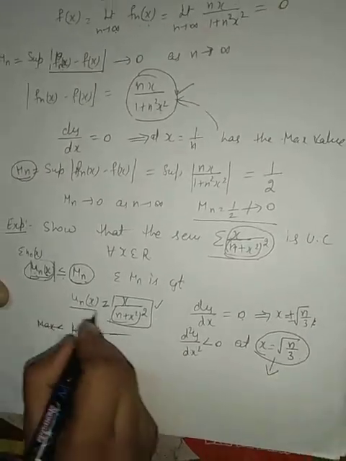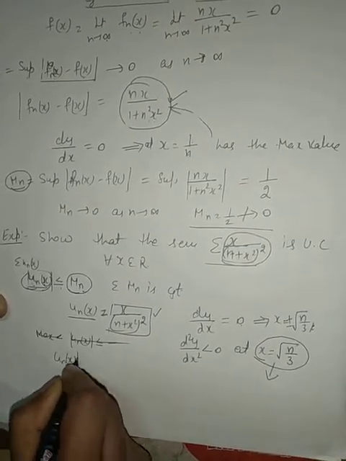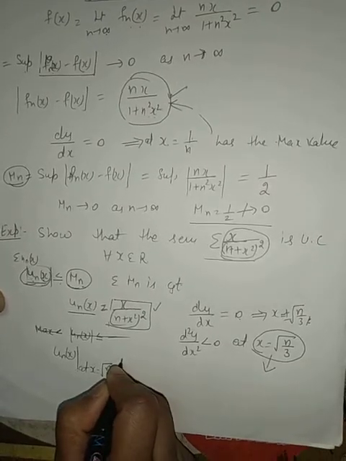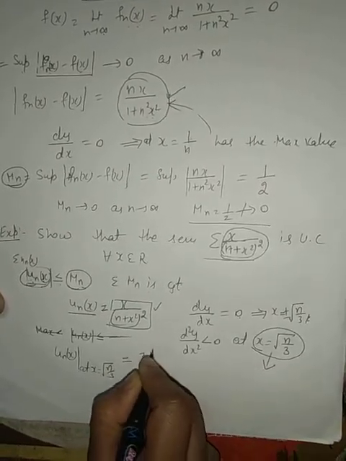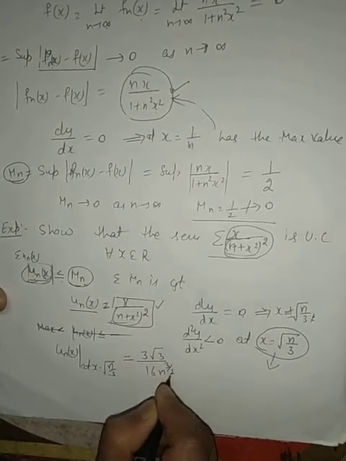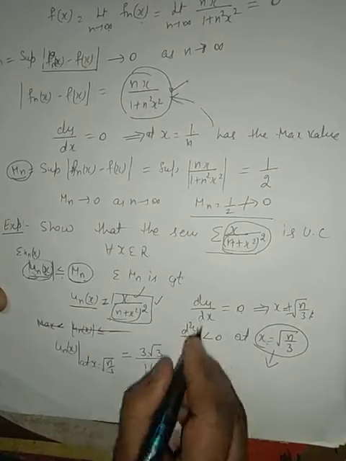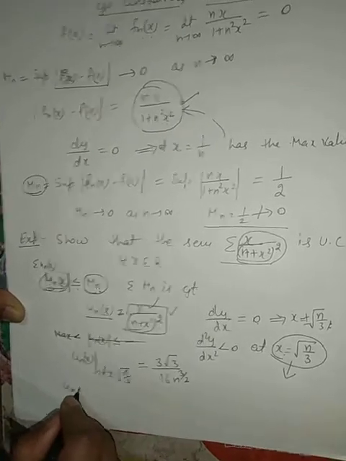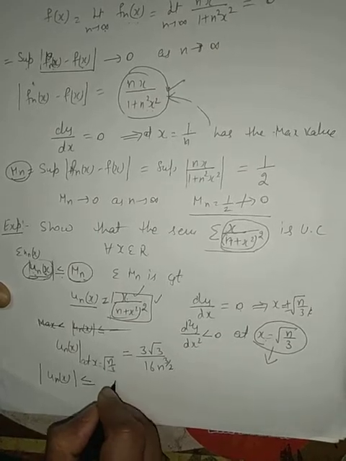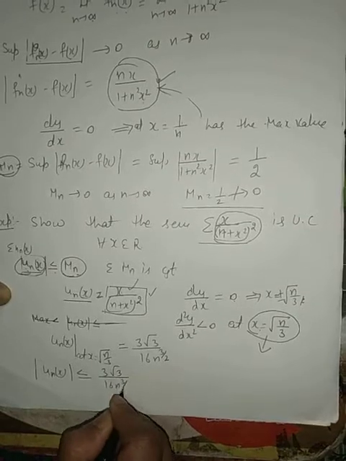Now when you find the maximum value of un(x) at x is equal to root n upon 3, you will get the value 3 root 3 upon 16 n raised to power 3 by 2, by substituting x is equal to root n by 3. Because this is the maximum value, un(x) is less than or equal to 3 root 3 over 16 n raised to power 3 by 2.